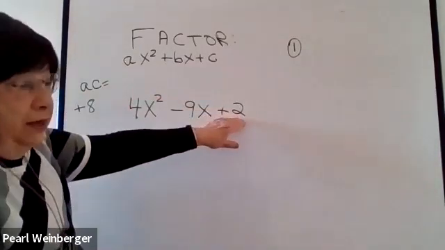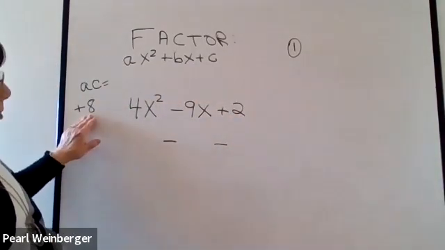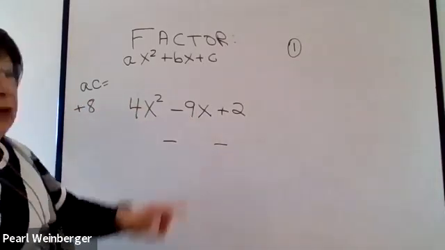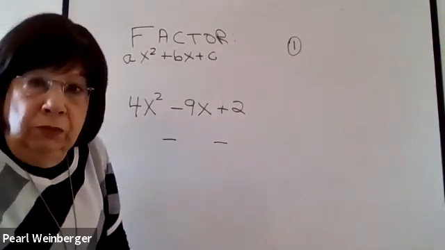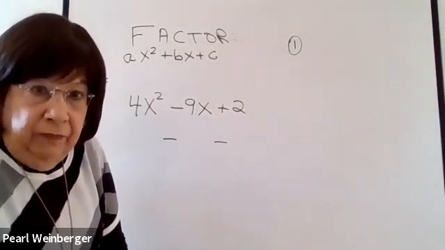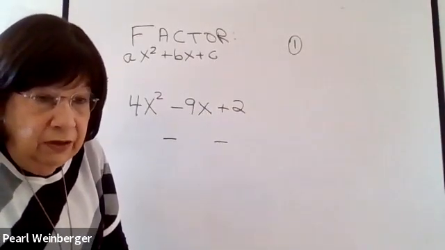Notice they're not multiplying to 2 anymore. They're multiplying to what the AC is. They're multiplying to 8, but they're adding to 9. Now, what two numbers do we know that multiply to 8 and add to 9? Anybody have any idea? You could use 2 and 3? 8 and 1. 8 and 1, absolutely.